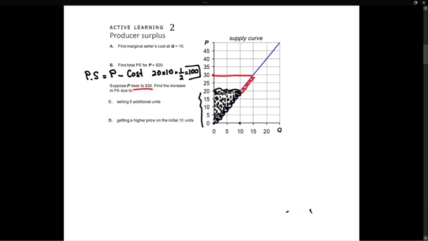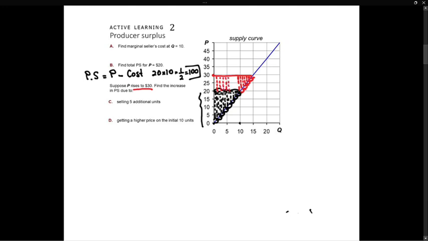So the producer surplus will increase due to these new sellers entering the market. So we have these producer surpluses because we have new sellers entering the market. In addition to that, the existing sellers will have more producer surpluses. Their producer surpluses will increase.